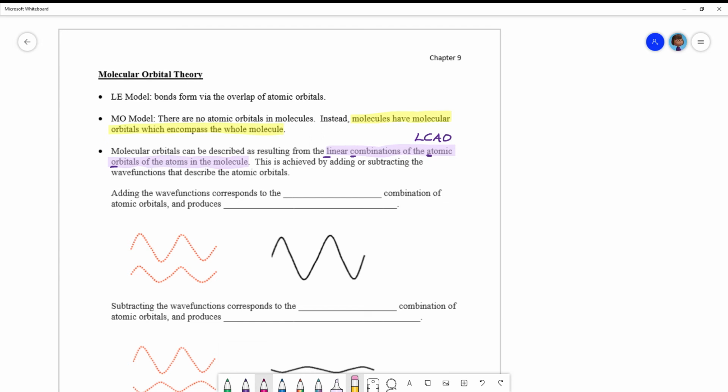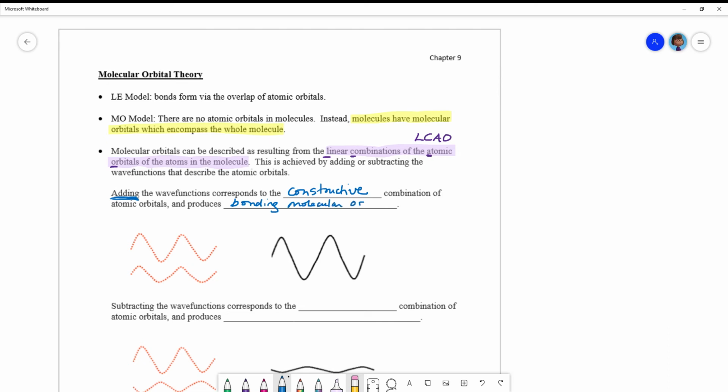It turns out that adding wave functions together corresponds to what we would call constructive combinations of atomic orbitals. Constructive combination or constructive interference. So I'm going to write constructive combinations of atomic orbitals, and it produces what are called bonding molecular orbitals.